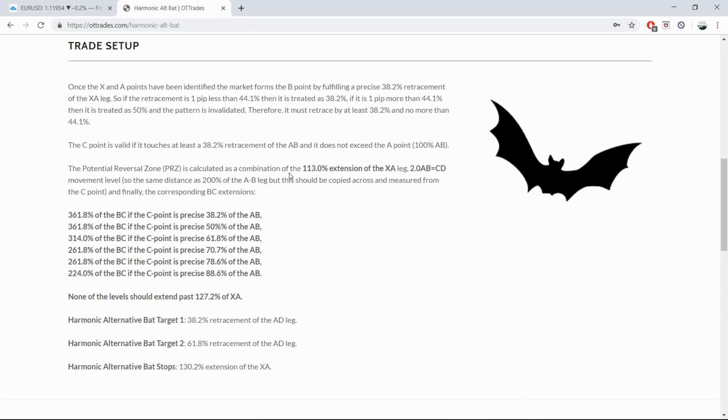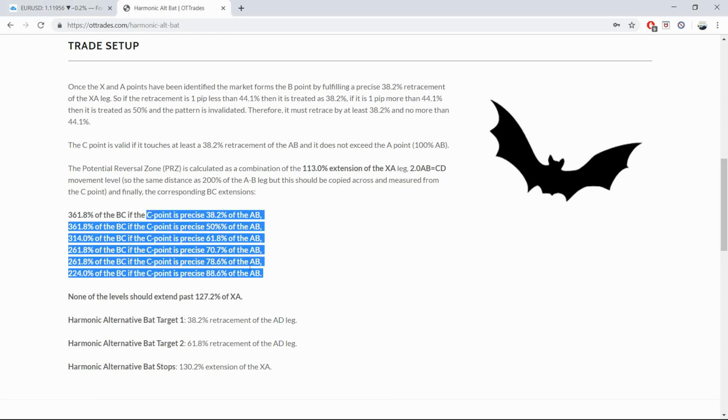This is 3 separate Fibonacci extensions or retracement levels that form a zone where you look for a reversal to start to happen. So the potential reversal zone is calculated as a combination of the 113 of XA, the 2 AB equals CD movement, and then finally it's defined by an extension of B to C depending on where that C point has landed.